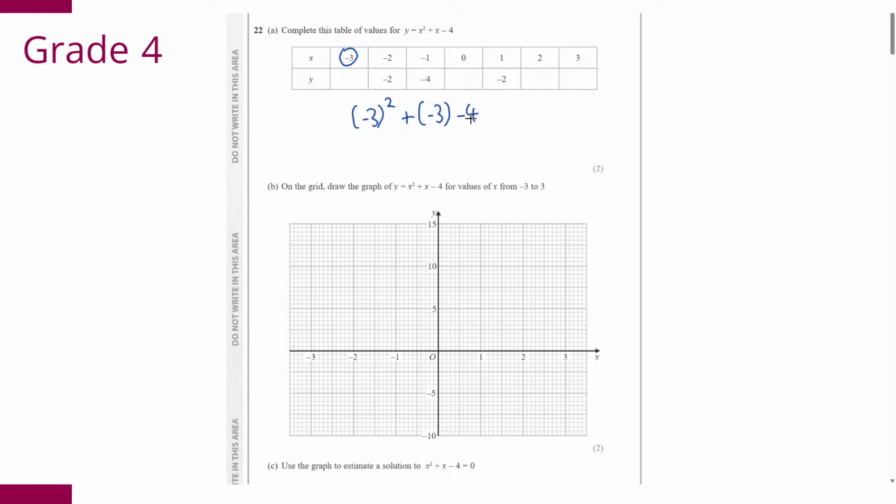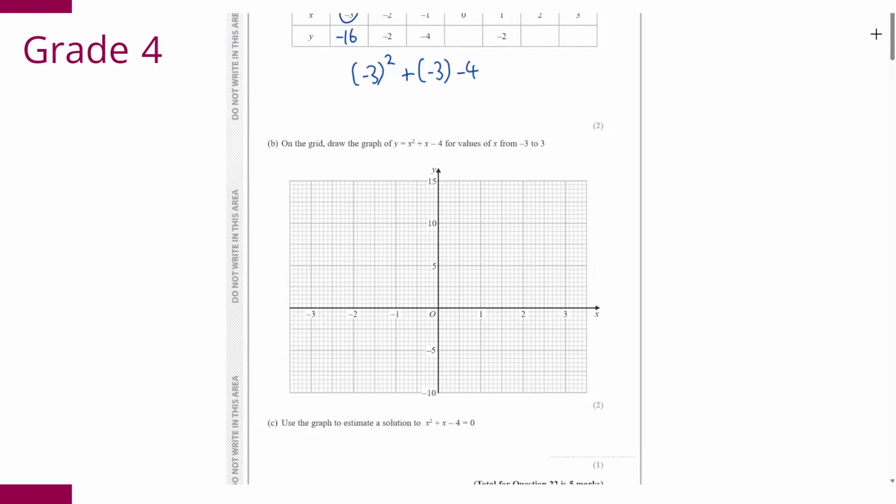By the way, it's a minus. If you do this by just typing in -3 squared plus -3 minus 4, you get -16, okay? So I'm going to put this in. It is not correct necessarily. If I plot the other points, right, -2 would be, I'm rubbish at getting the alignment here, but we'll try our best.